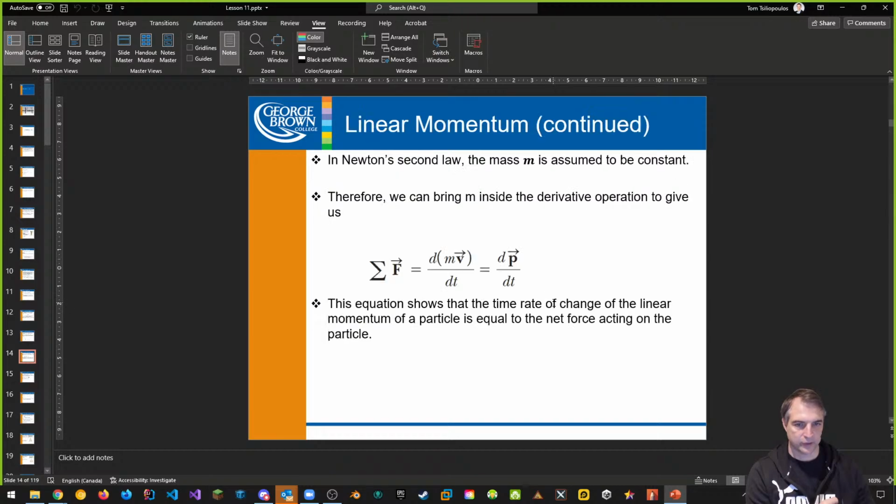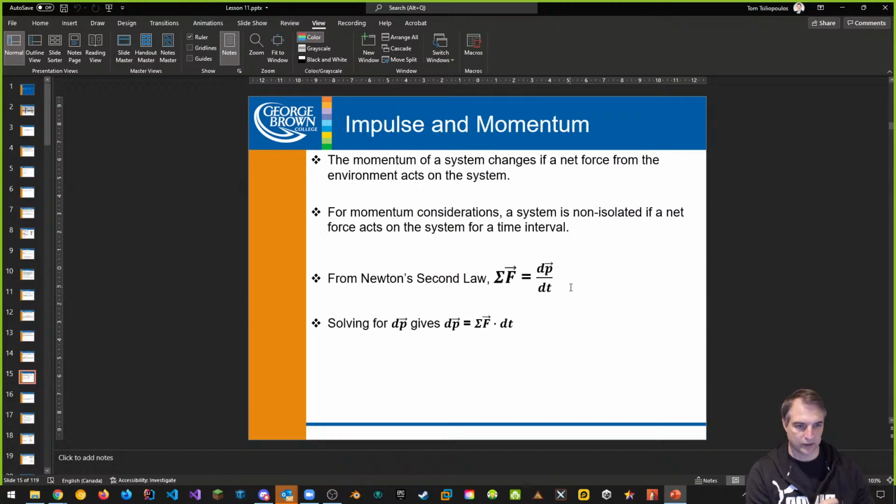Once we have that, we develop the idea of impulse. How does impulse work in momentum? If we apply an impulsive force to an object, pushing it momentarily, then within that moment the momentum of a system changes if a net force from the environment acts on the system.